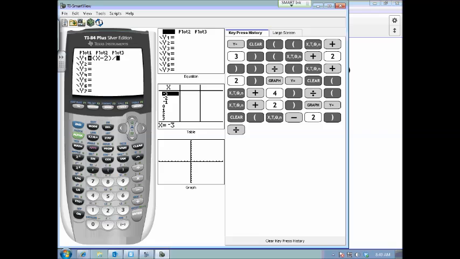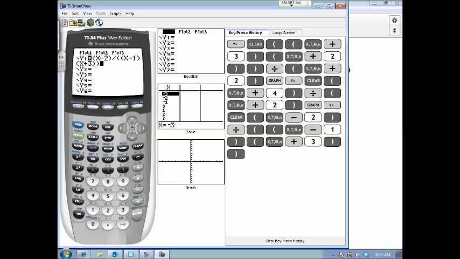Now we need a double parenthesis because our denominator has two pieces. Double parenthesis. So our calculator knows both of these are in the denominator. X minus 1, close the parentheses, times parentheses, x plus 3. Make sure you end with a double parenthesis. Okay, so we hit graph.